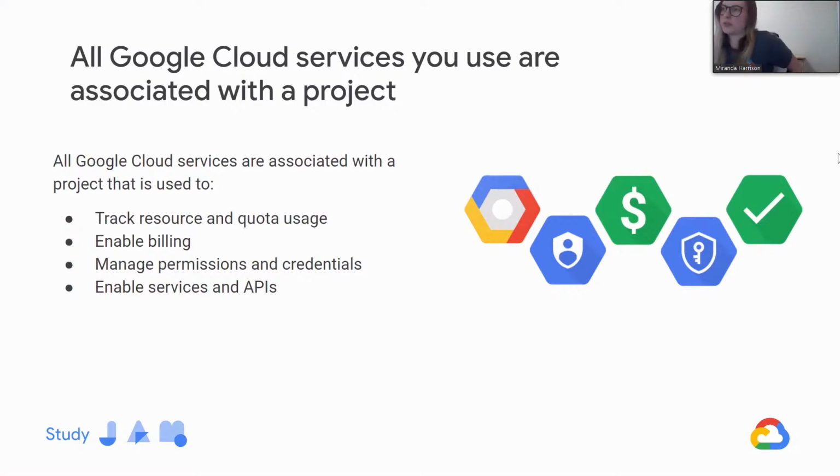So just a quick overview of what we're going to talk about in the lab. One of the things that we talk about is Google Cloud projects. All Google services that you use are associated with a specific project, which separates different things. For example, I have a project for the hackathon that I did in GCP, and I also have another project dedicated to my capstone final project.